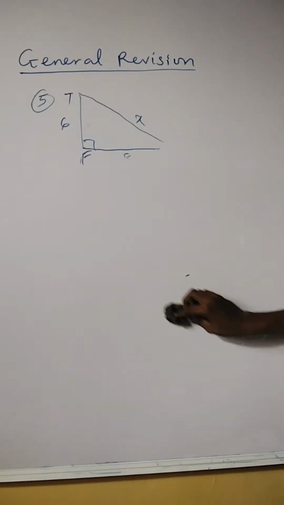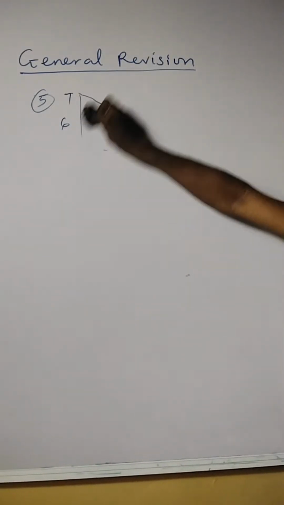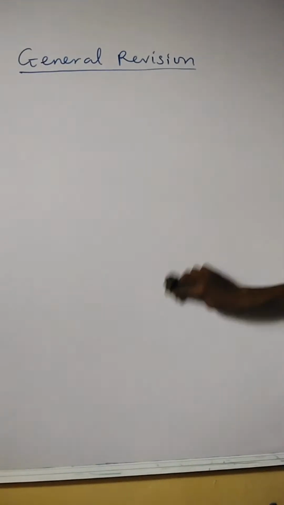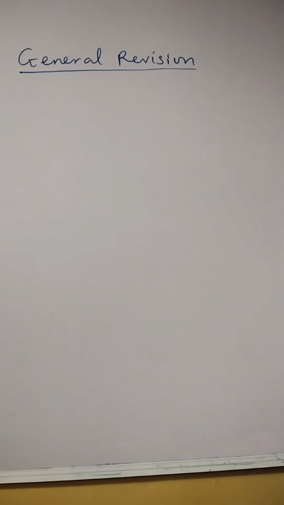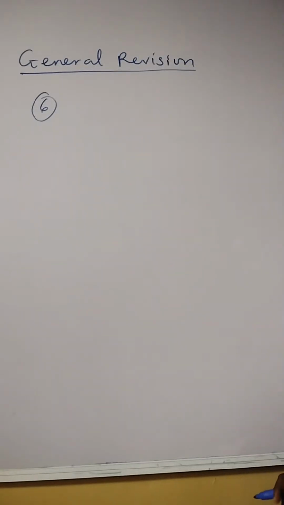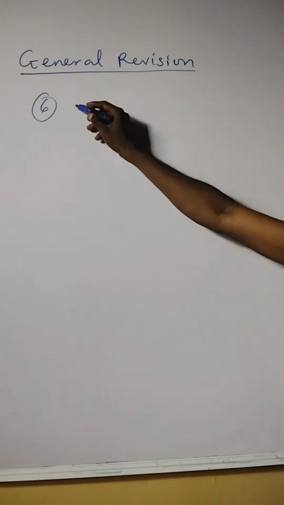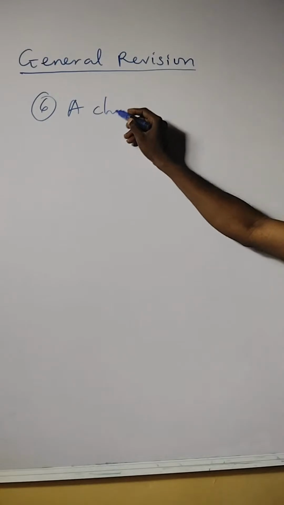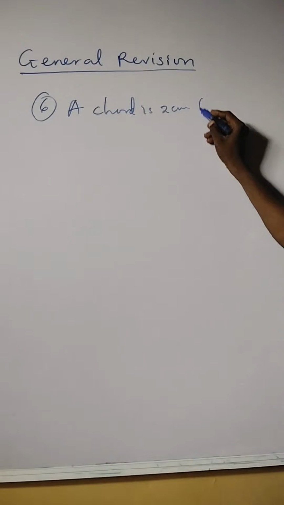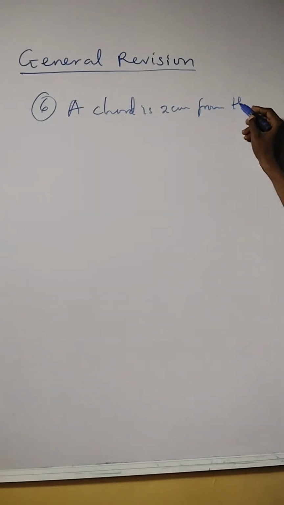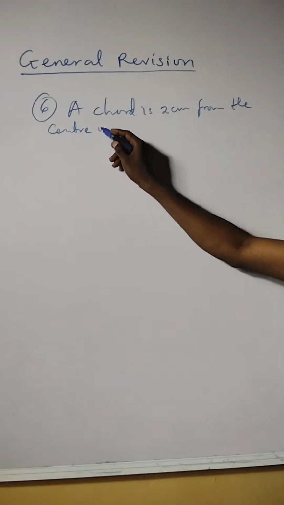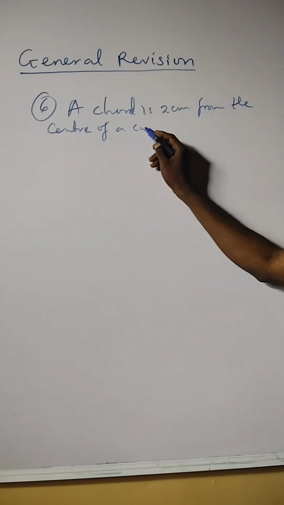Okay. So let's look at this particular question, labeled as number 6. Let's say a chord is 2 centimeters from the center of a circle.